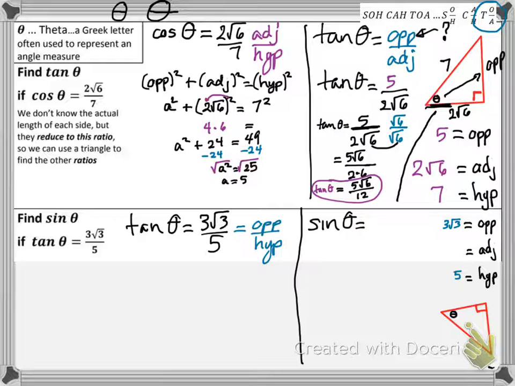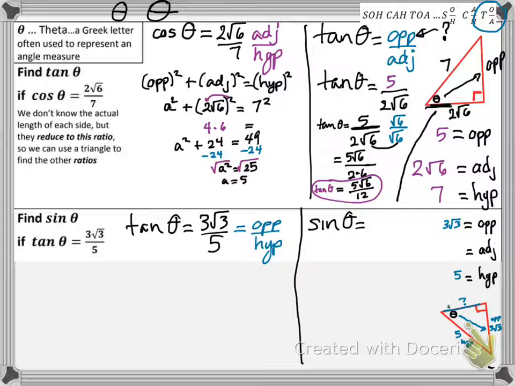If it makes you feel better to do it on a triangle, we can do it on a triangle as well. Opposite from the theta, that means not touching the theta here, is 3 root 3. Don't know this adjacent one yet. We're going to figure it out. And we know the hypotenuse over here is 5. This was our opposite. This was our hypotenuse.